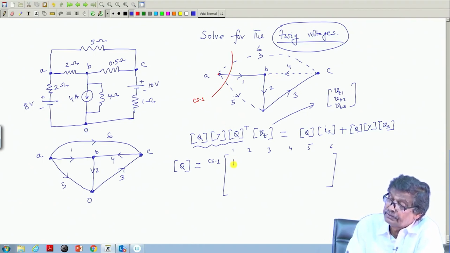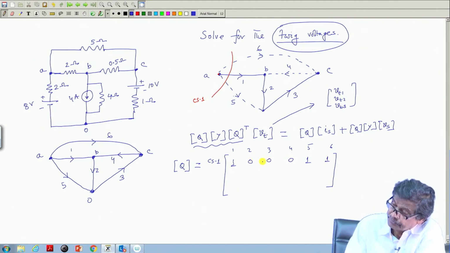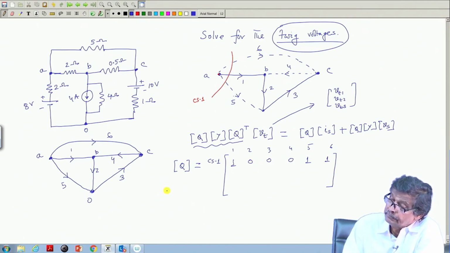So, plus 1, 6 and 5 are also from left to right. See 1, 4, 1, 5, 6 are involved. So, this will be also plus 1, is not, and all other will be 0. This is cut set 1. Why I have named it 1? Because tweak 1 is involved.